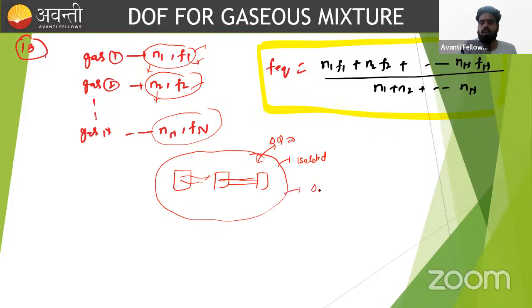So the total internal energy change at the molecular level is equal to the total molecular internal energy change of the system. By using that concept, the equivalent degree of freedom can be written as (N1 F1 plus N2 F2 plus and so on) divided over the total number of moles. If only 2 gases are present in the mixture, we can extend till this and divide over the sum of the total number of moles.